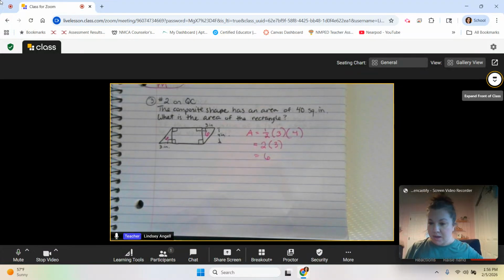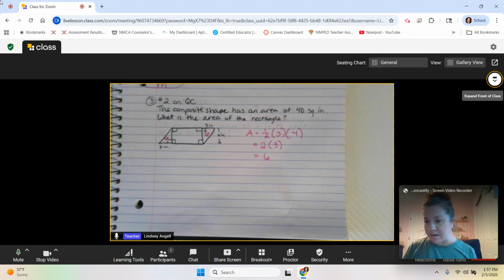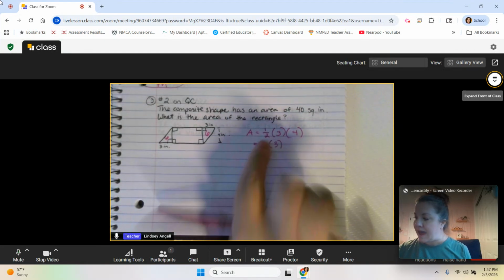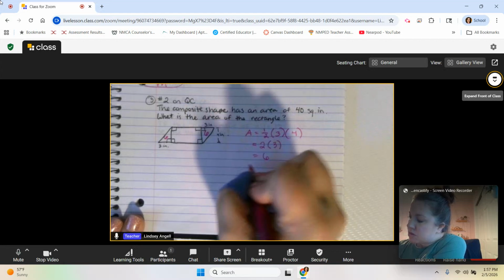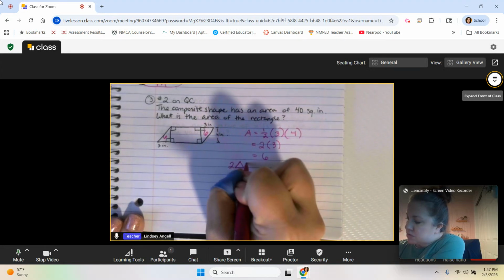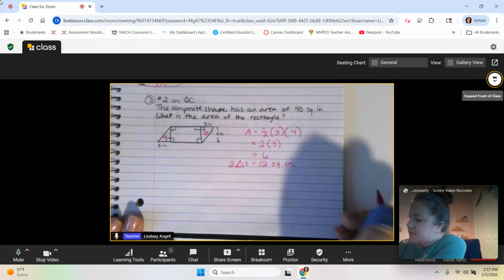Now, another thing that we could have done is we could have said, if I combine them, I get one rectangle. And so then I could have cut out that half, and that would have been okay too. But so the two triangles, we'll say 2 triangles equals 12 square inches, right?